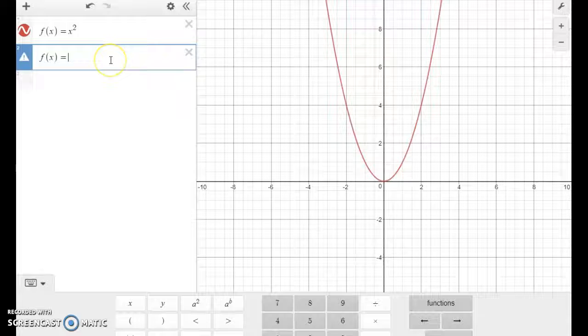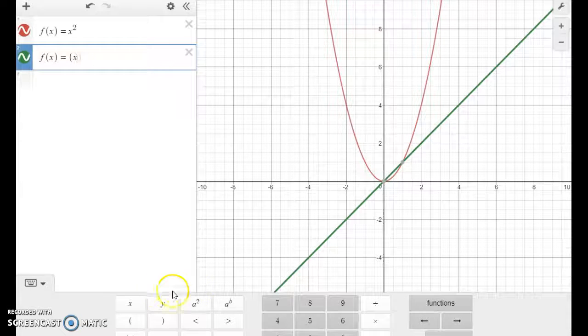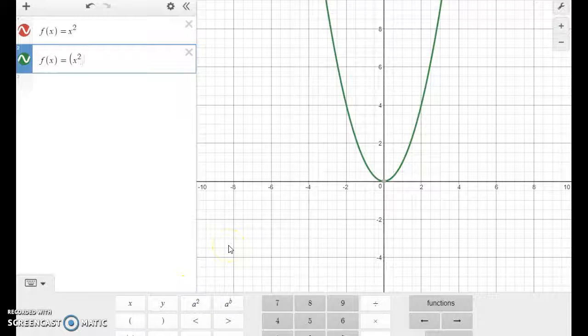Get rid of that one. Parentheses. X squared. And this time we're doing plus 4. But I put the squared in the wrong spot, so I got to delete that. That's actually supposed to be on the outside.